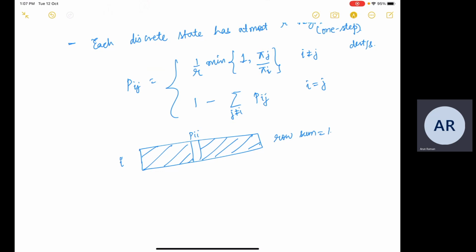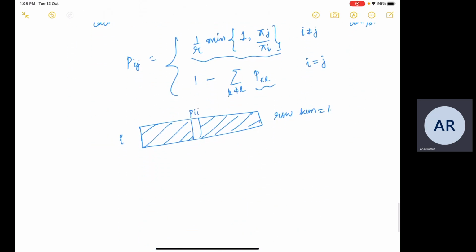Okay, or maybe notation wise we should let's say kl, k not equal to l, because we don't want to confuse between this ij and this ij. Okay, so we take the sum of everything that was there when i not equal to j. Whatever is left, we give it as the self loop probability. Okay, so the algorithm by design ensures that whatever we get, that is a stochastic matrix.